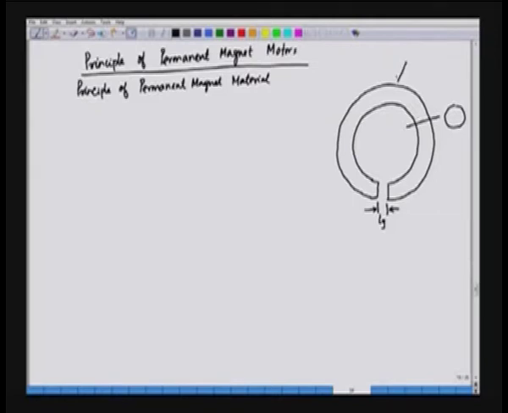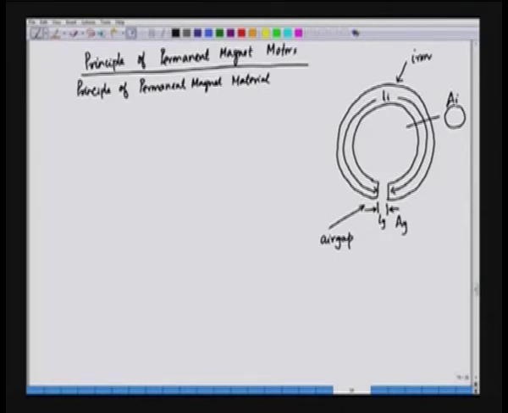This is the iron part and this is the air gap. The length of the iron part is Li, and the cross section area here is Ai. Similarly, the length of the air gap is Lg and the area of this air gap is Ag.